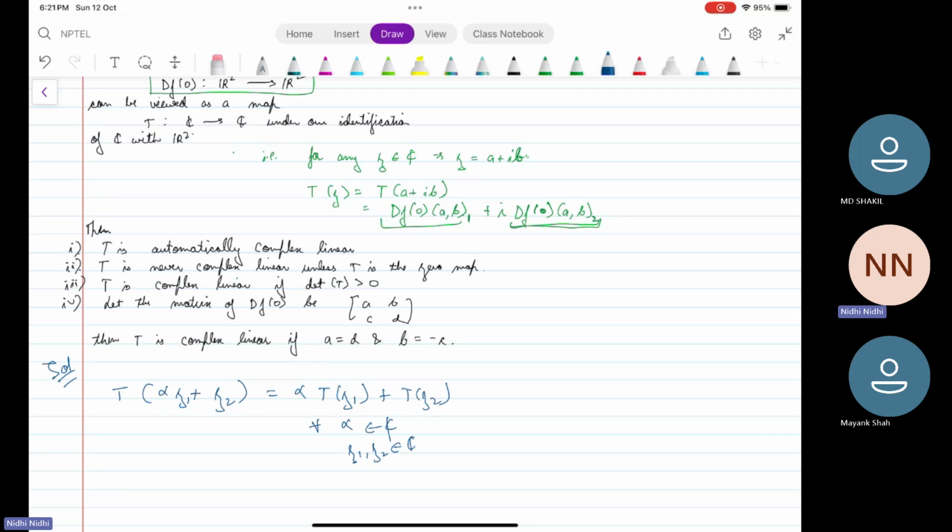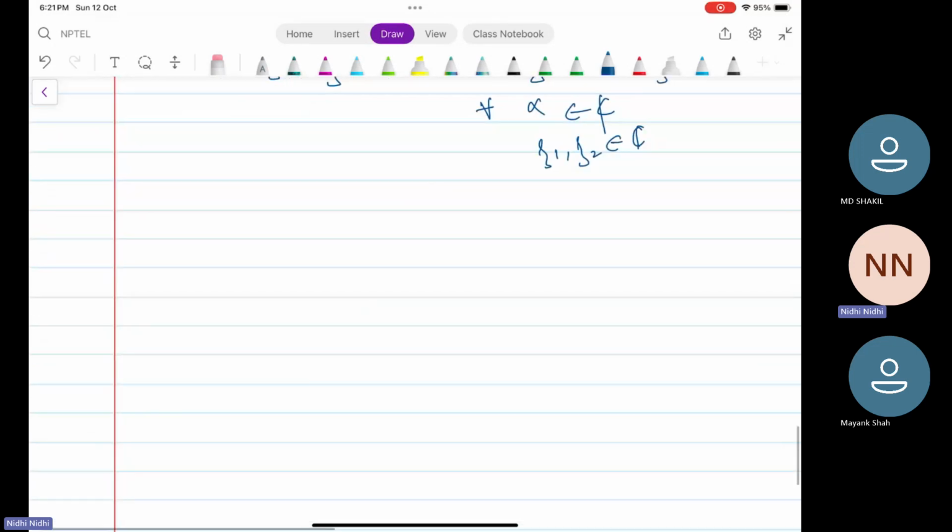So let's see what happens in that case. Let z equal a plus iota b be some complex number. Okay, let's start with pointwise.